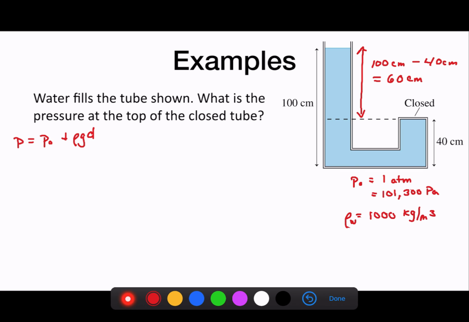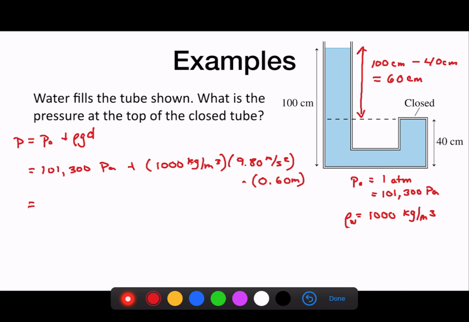So if we plug these values in, we can calculate a pressure at that horizontal line of 1.072 times 10 to the 5 pascals. This is equivalent to 1.06 atmospheres.